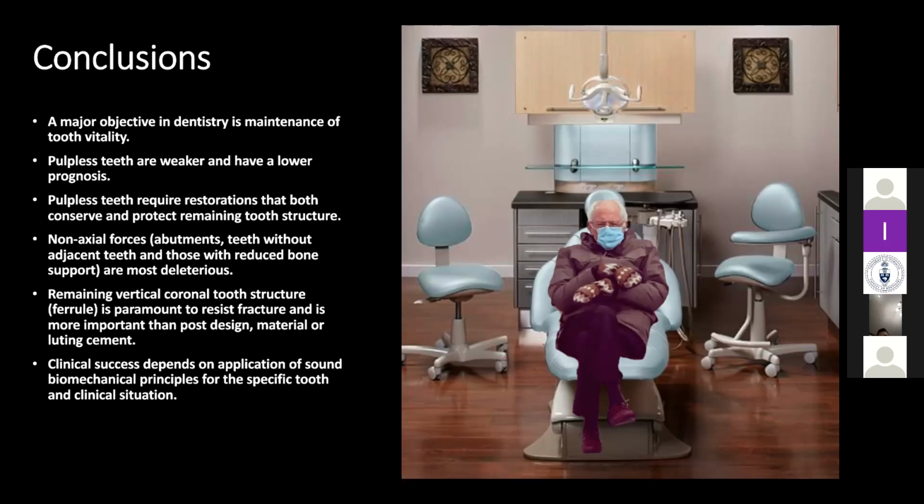The protocol will depend completely on the plan for that tooth. If the tooth is planned to receive a new restoration, the protocol will be to redo that root canal treatment.